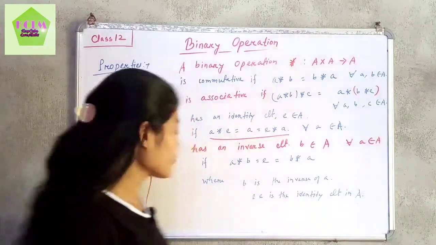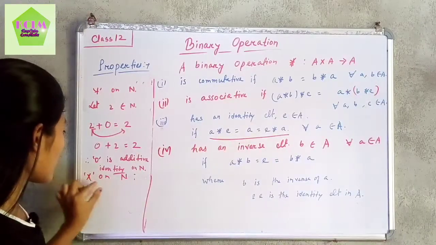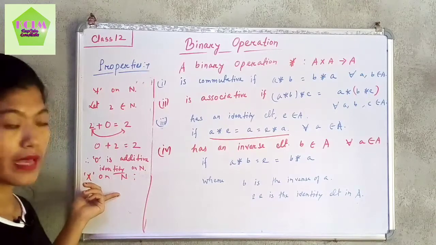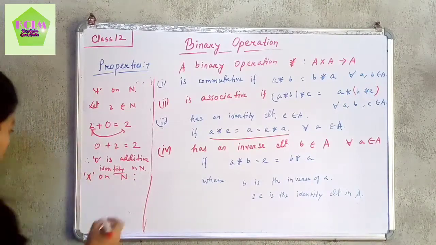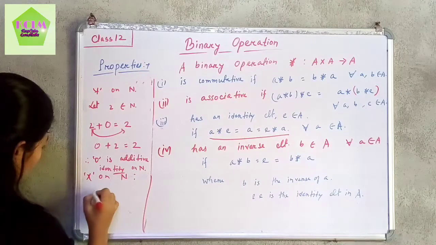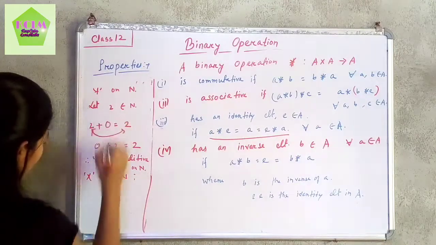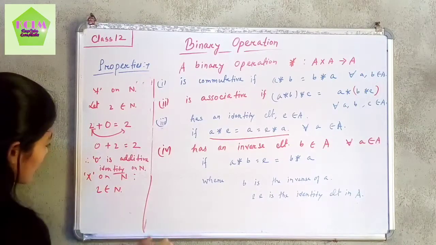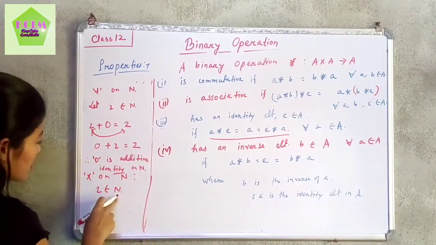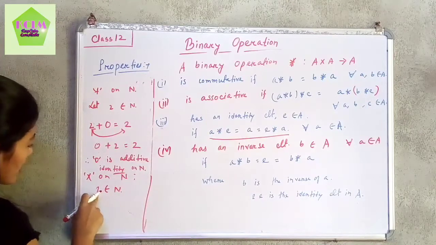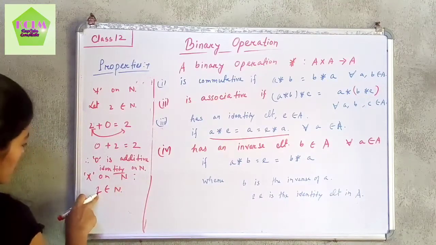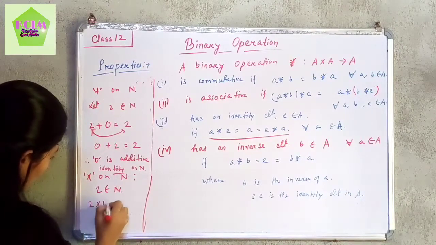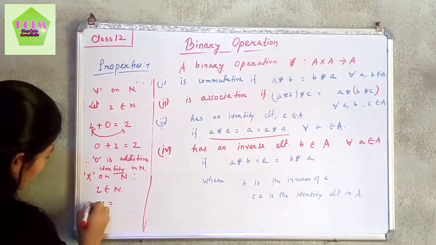If we see the binary operation multiplication on a set of natural numbers, then how will the identity element be? So here again taking the same element 2 belongs to N. Now is there any element in the set of natural numbers which operates with 2 and again results in 2? So yes, if we take the other element as 1, then it will result only in the number itself.